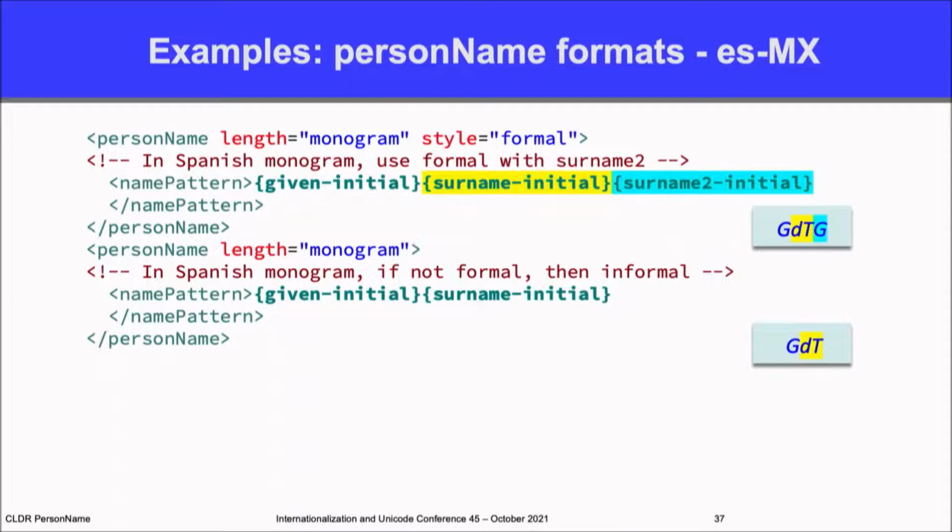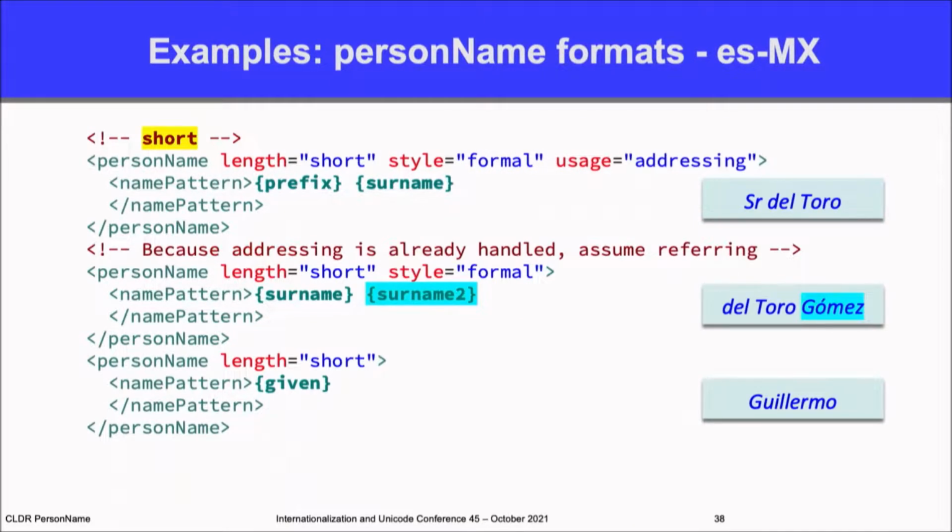So it'd be the G, DT, G, as opposed to an informal, because we don't have a formal match, just GDT, okay? And here's an example of where surname to might drop in for Spanish and Mexico formats, where you have a formal Del Toro Gomez, and then in addressing, be like Señor Del Toro, and that would be, let's say, the formal representation, and the short name as the informal would just be Guillermo.